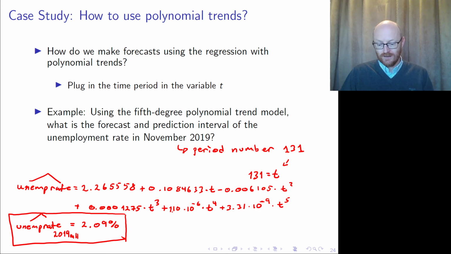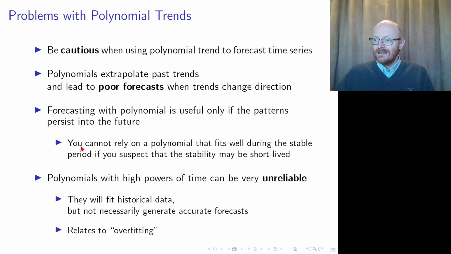polynomial trend model. Okay, so I told you that there are some problems with polynomial trends, and that's because you have to be cautious when you use polynomial trends to forecast time series, because polynomials just extrapolate past trends, and they lead to poor forecasts when trends change direction.